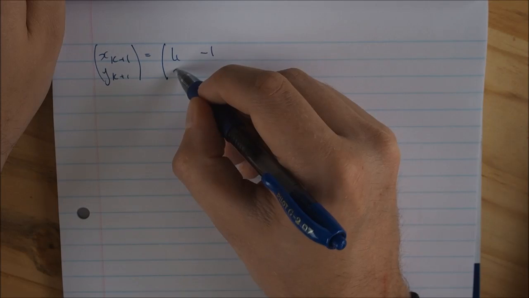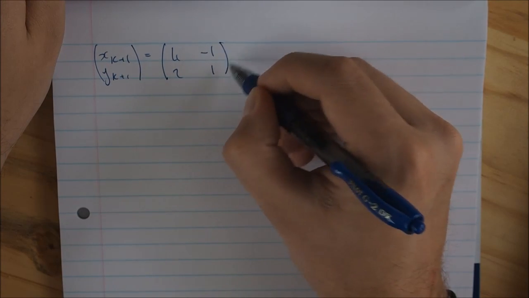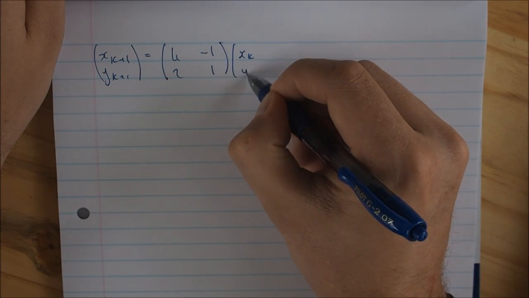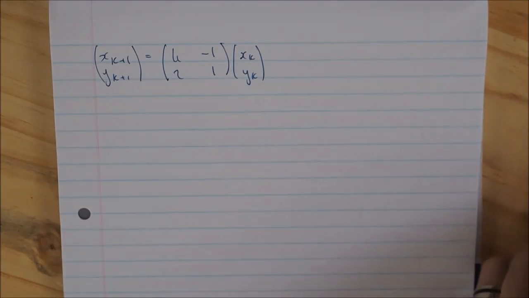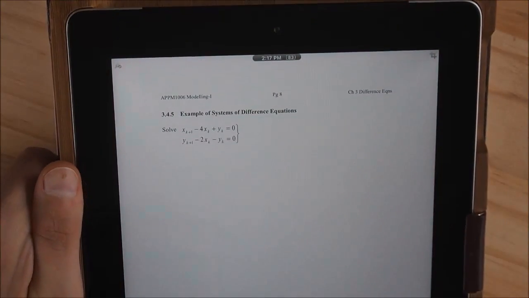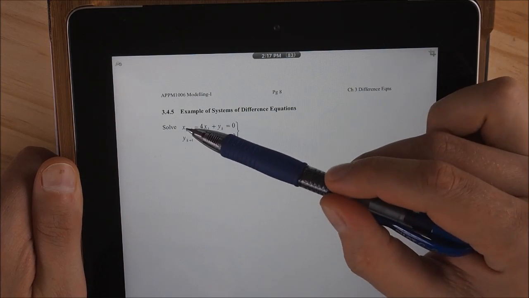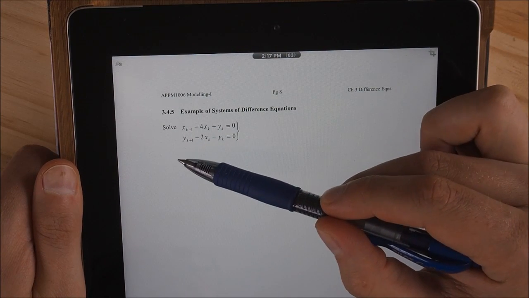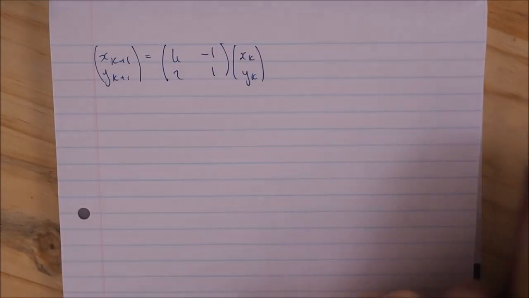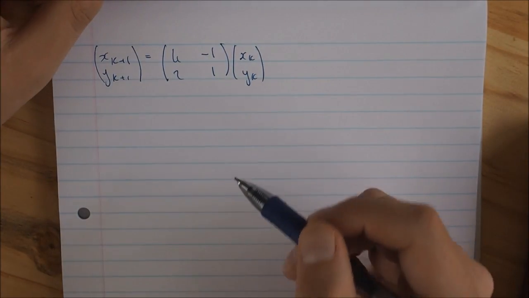I write it down in difference vector form, and I have x_k, y_k. Right. So I've just taken this equation, moved everything to the right except for the x_{k+1} and y_{k+1}. Leave that on the left. Everything to the right, and I get this vector form.